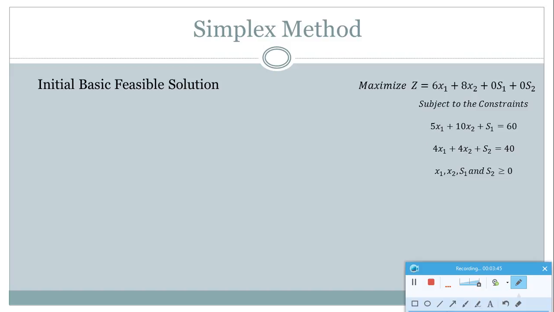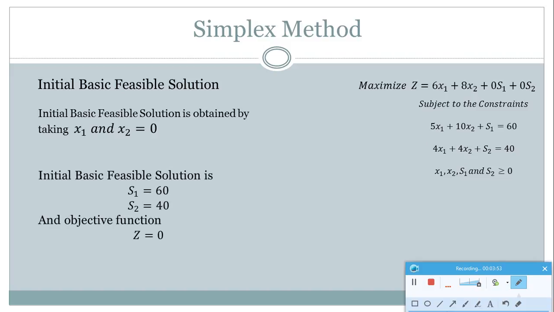So after keeping the values of decision variables x1 and x2 equal to 0, the initial basic feasible solution will be s1 equal to 60, s2 equal to 40. So these values are obtained with the help of constraints, and the objective function value will be z equal to 0. So this is called initial basic feasible solution.